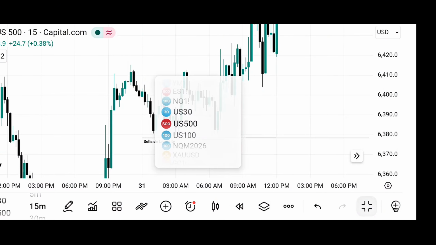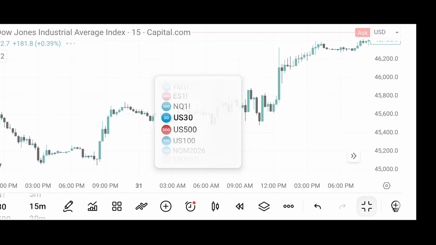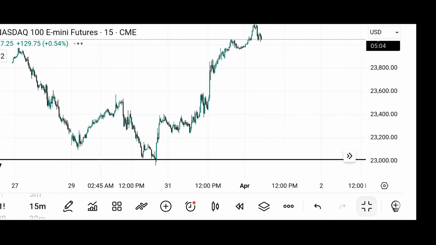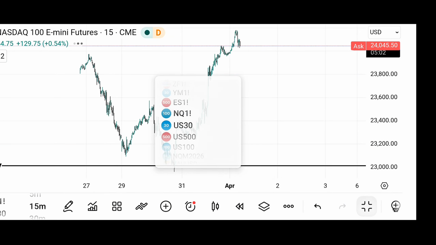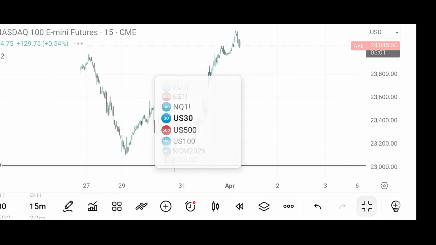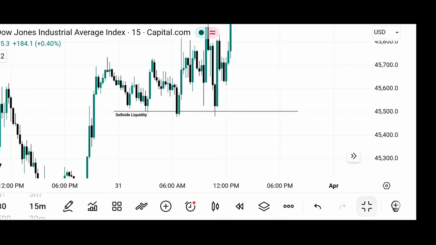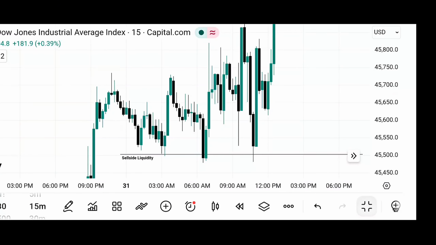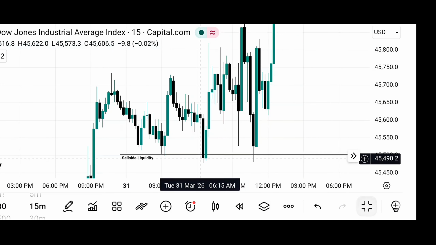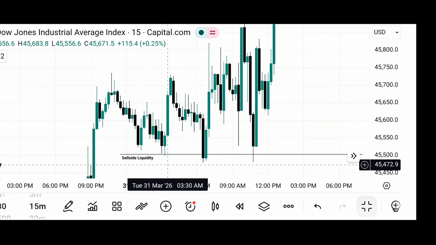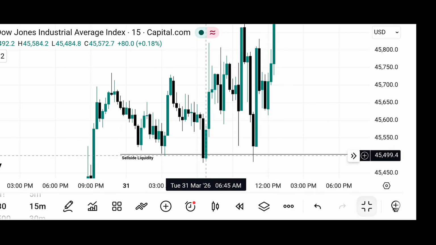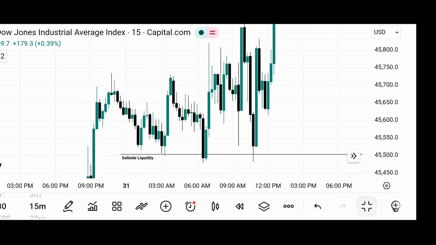But when I checked the Dow Jones, price had already traded down to take out the sell side liquidity on the Dow Jones. Then I suspected maybe a divergence is taking place in price.